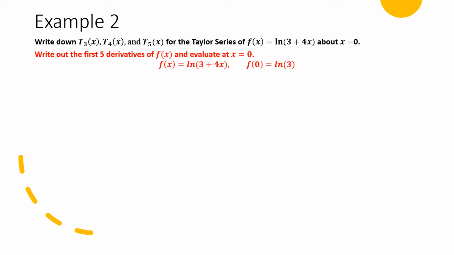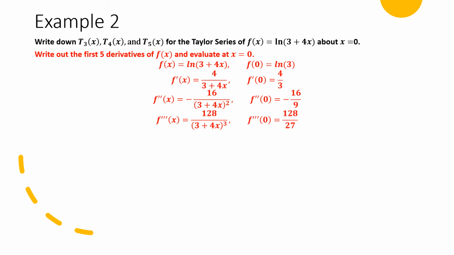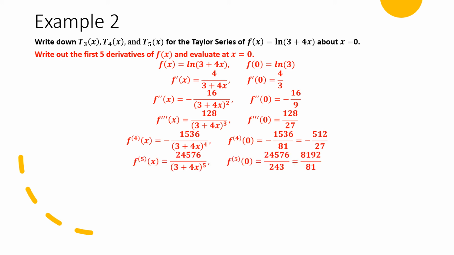The original function at 0 is ln of 3. The first derivative at 0 is 4/3. Second derivative is negative 16/9. Third derivative, 128 over 27. Fourth derivative is negative 512 over 27 when reduced. And then I have to go all the way to the fifth derivative since they asked for T sub 5. So I have 8192 over 81.